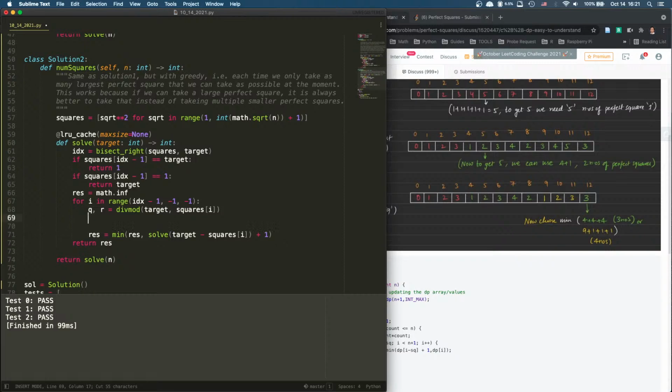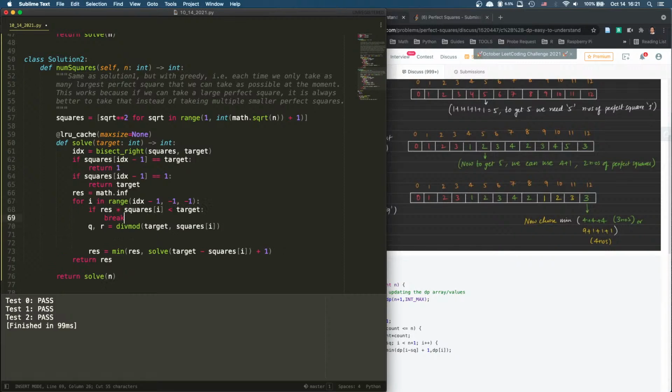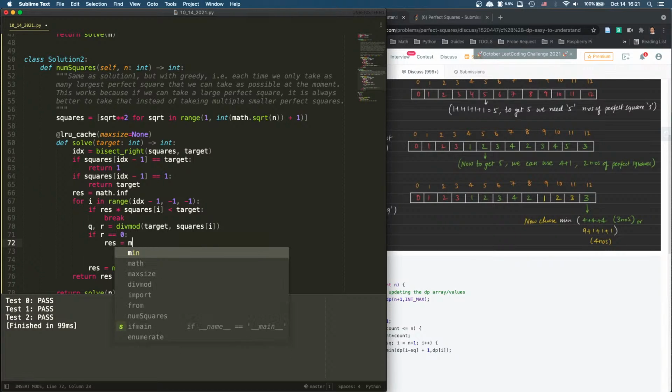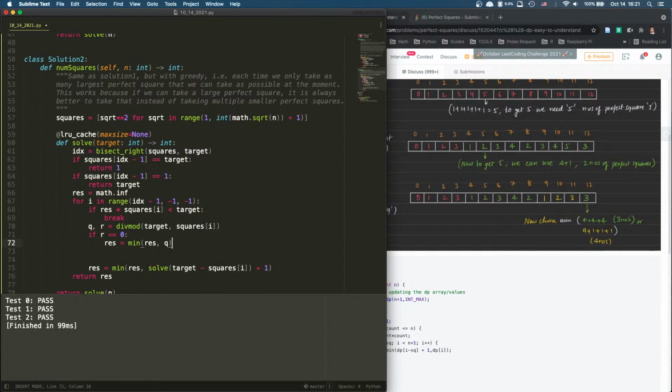First of all, this one I think still applies. And then we do divmod. And then if R is 0, right? Res equals min res q.